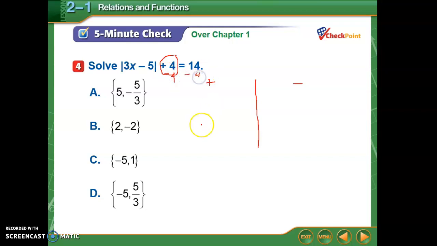So that gives us, just bring down 3x minus 5 absolute value, is equal to 14 minus 4, that gives you 10. Okay, so that is the isolated absolute value.